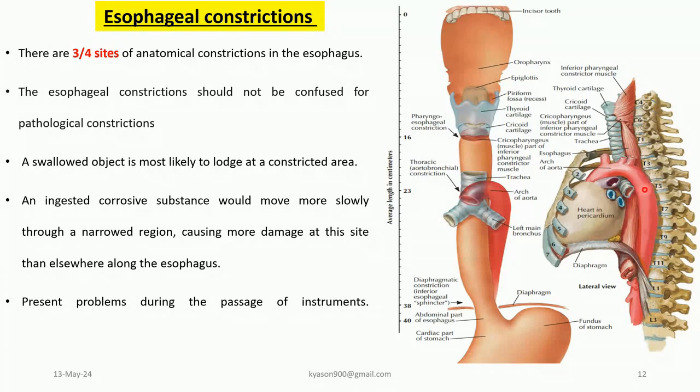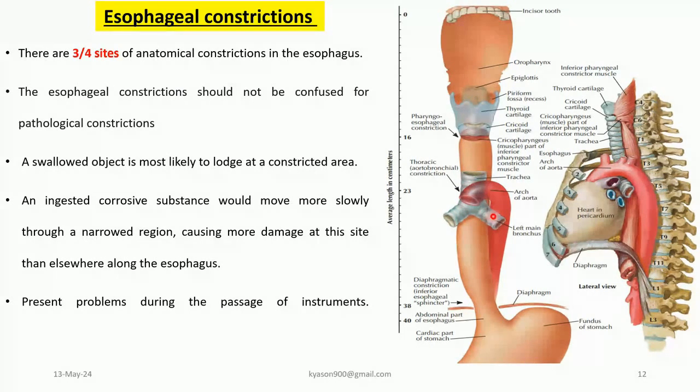Below that, at the level of T5, around there, we shall have a constriction brought in because of the left main bronchus. So the left main bronchus, of course, you know it's going to be formed after bifurcation of the trachea. Trachea bifurcates to form the right main bronchus and the left main bronchus.